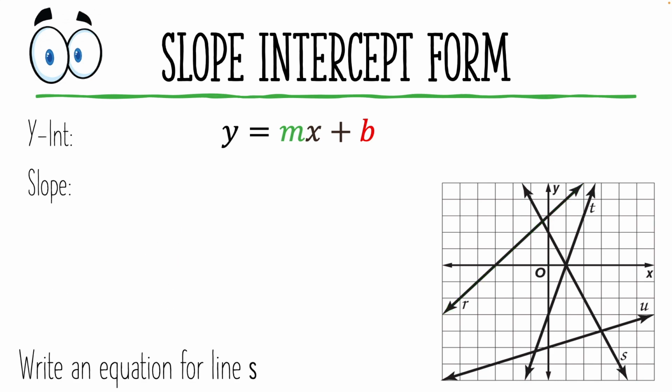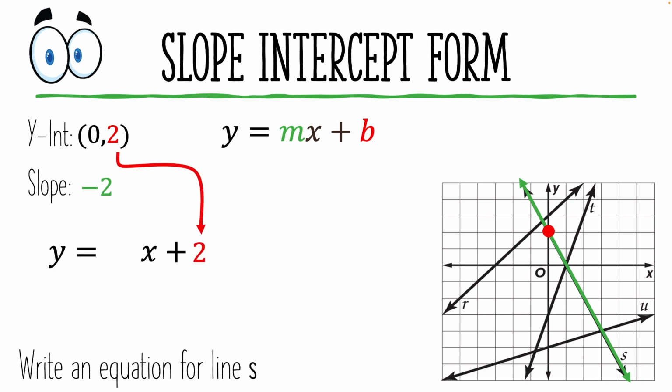Let's do line S. The y-intercept for line S, where it crosses the y-axis, is (0, 2). The slope again is -2. So we're going to have y equals something x plus something. The y-intercept is 2 and the slope is -2.